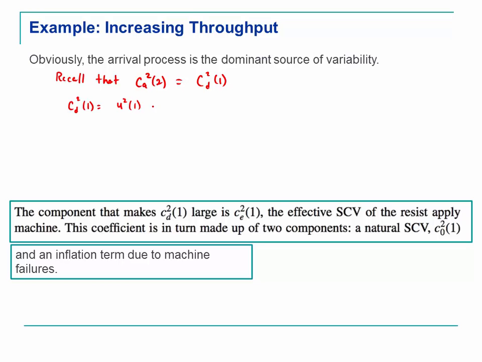Utilization squared of 1 times CE squared of 1 plus 1 minus utilization squared of 1 times the squared coefficient of variation of 1.